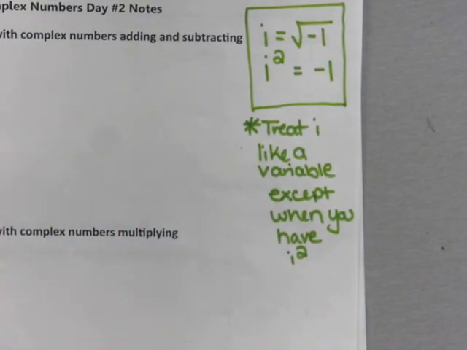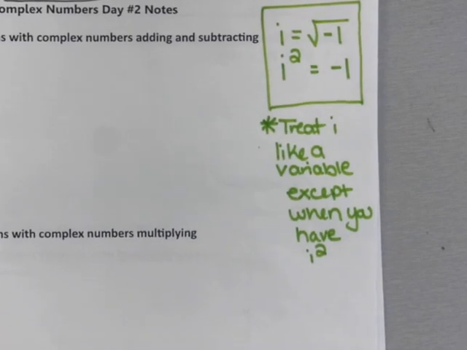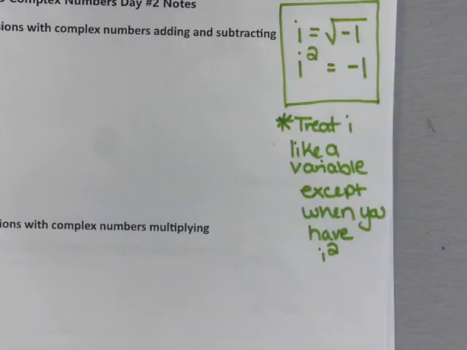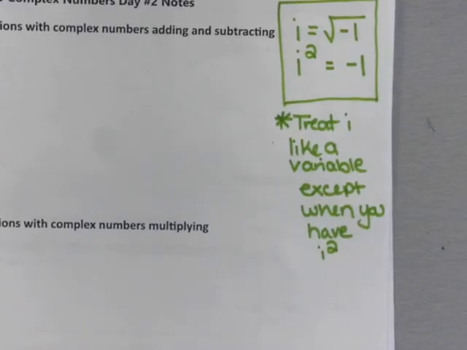So you're going to treat i just like any variable unless you come across an i squared, and then you're going to replace it with a -1. So we're going to treat it just like any letter we'd come across, like an x or a y or any other variable we'd come across.